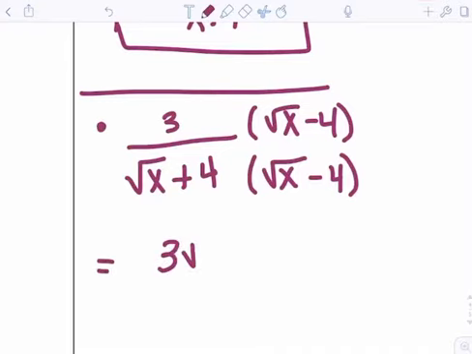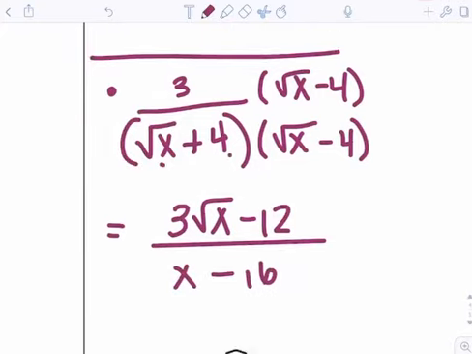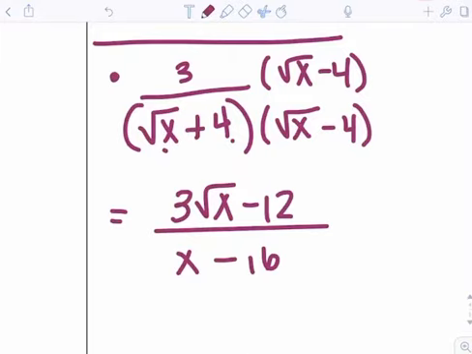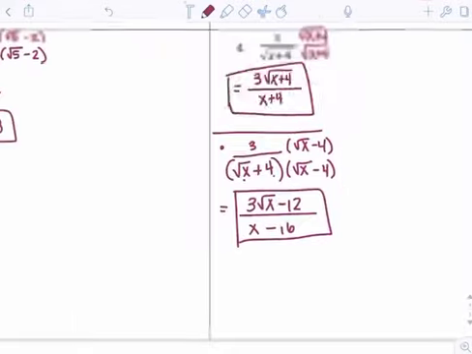Okay, so I get 3 root x minus 12 over, square this, so I get x, square that, I get 16, x minus 16, and then we can't simplify anything from there. 3 doesn't go into 16, or there's no coefficient in front of x, so then that's our final answer.